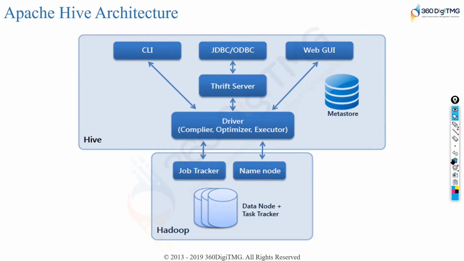Basically, you can see, we have the metastore. This metastore is responsible for storing all the information that is generated on JDBC and ODBC, which lies on Hadoop HDFS. Yeah, so this is the architecture.